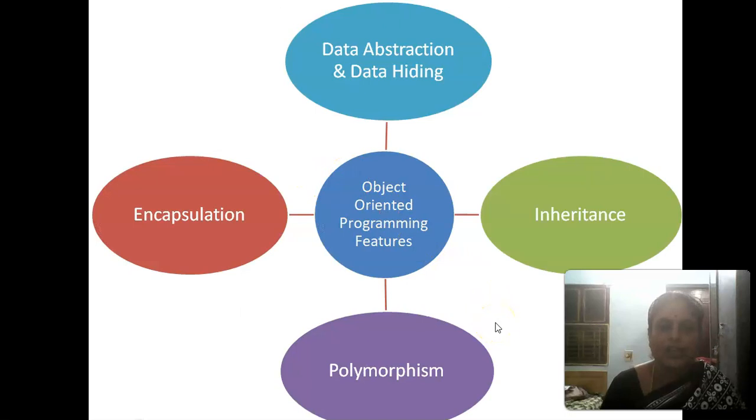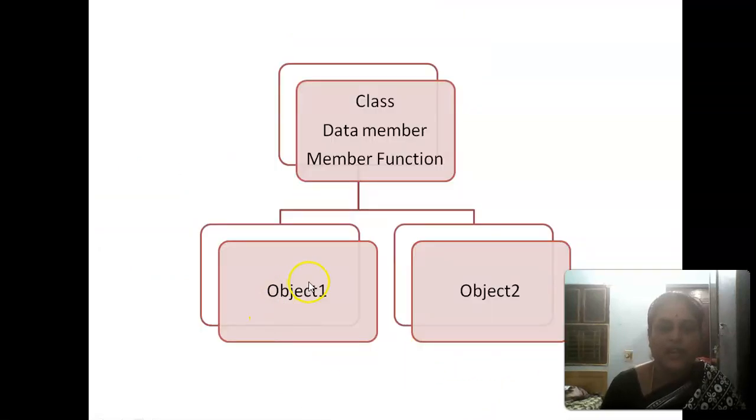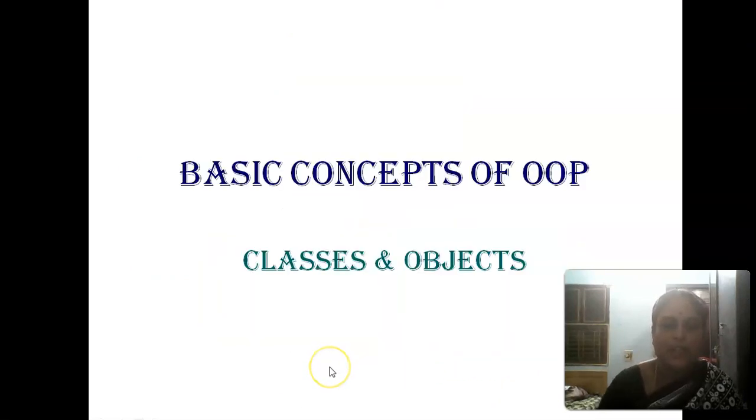So, the important features of object-oriented programming are data abstraction, data hiding, encapsulation, inheritance, and polymorphism. The first one is the basic concept of object-oriented programming. We start with classes and objects.